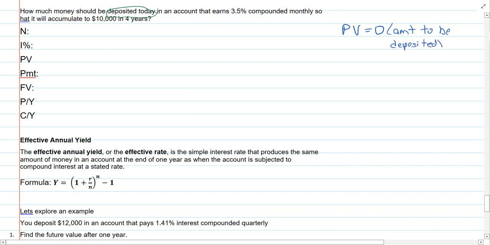All right. So what else do they tell us? To earn 3.5%, so our I percent is 3.5, and compounded monthly. So our N is 12 for monthly.